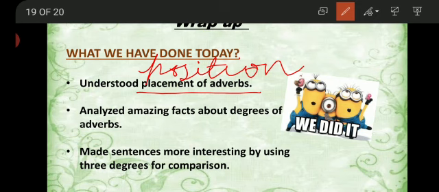We also got to know about the degrees of adverbs, that there are three degrees of adverb: positive, comparative, and superlative. And we also got to know how we make our sentences more interesting and exciting by using the three degrees of comparison.